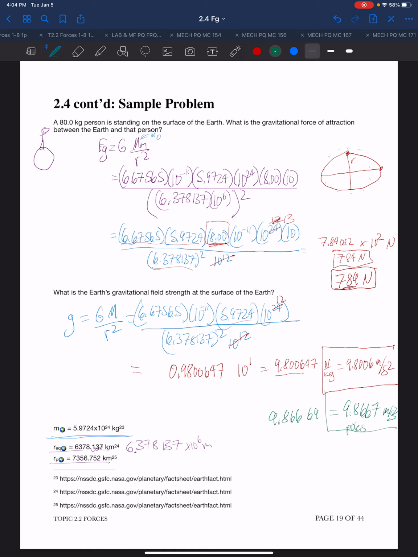And that number is very close to the number that we use, 9.8, 9.81, 9.80665. Now, that 9.80665, which I quote, is an average for all the places on the Earth. And you'll notice it happens to fall between those two numbers.